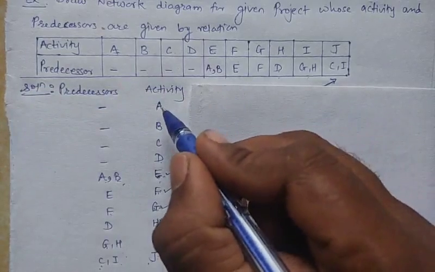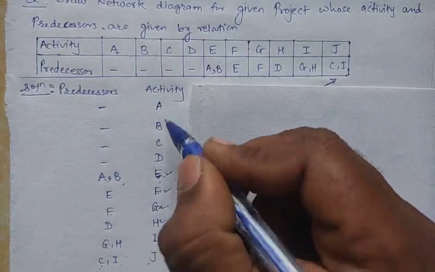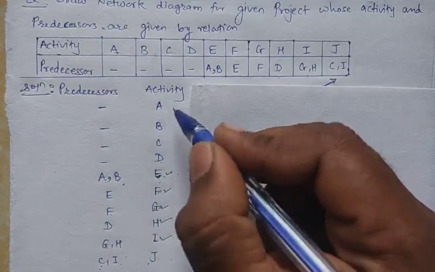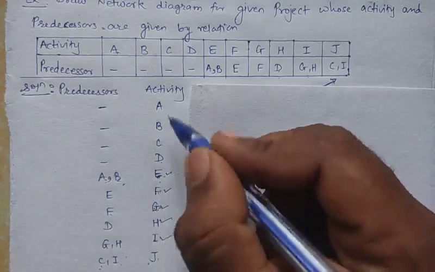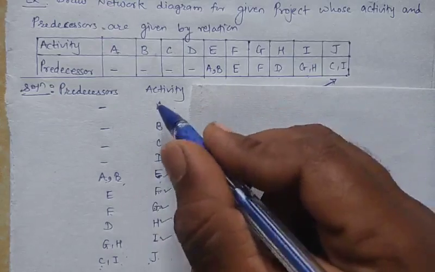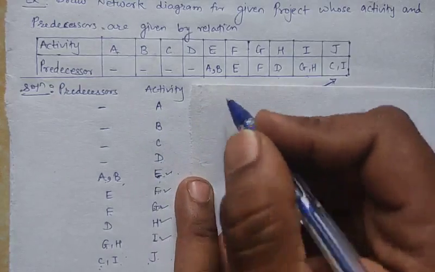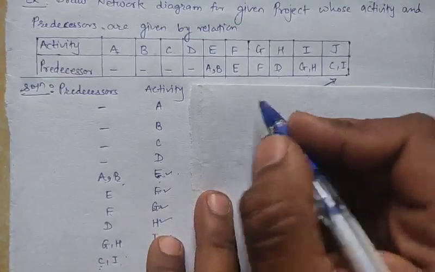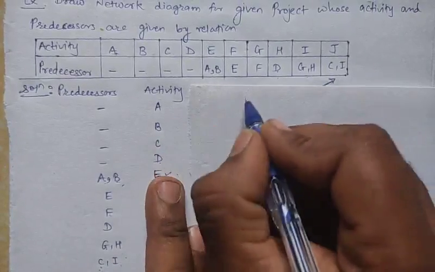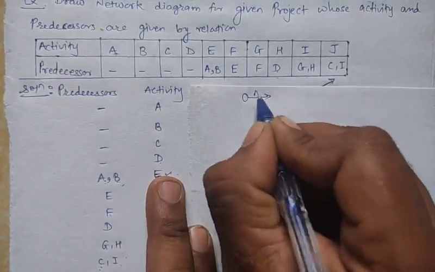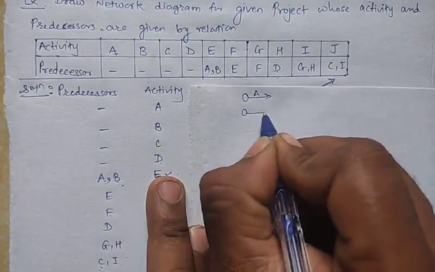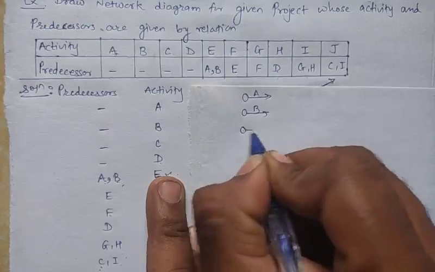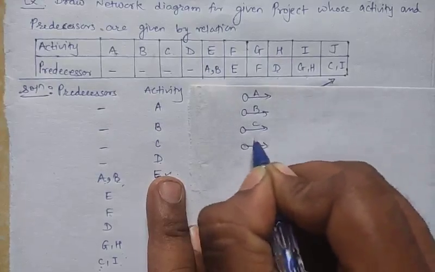Now here, before A, B, C and D there is no activity, so A, B, C and D are the initial start points. But we cannot start like this. Suppose this is A activity, this is B activity, this is C activity and this is D activity.